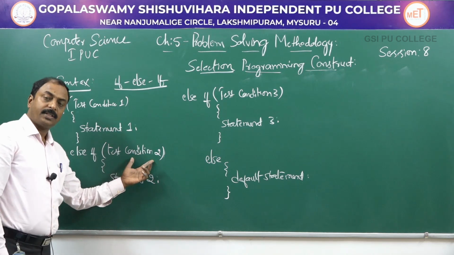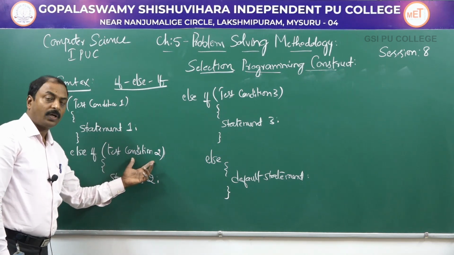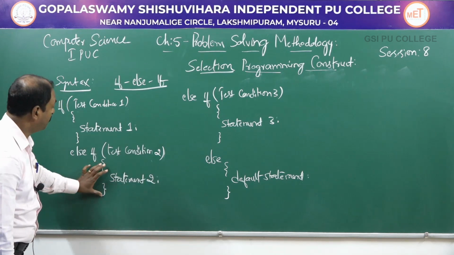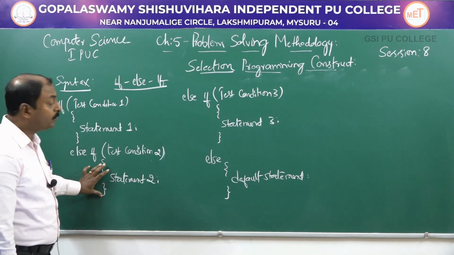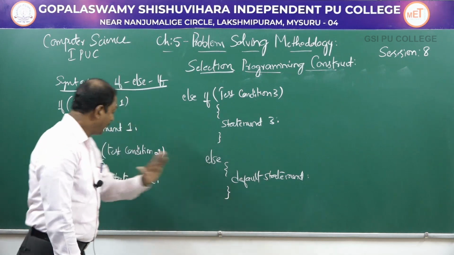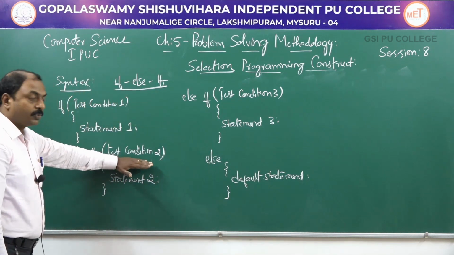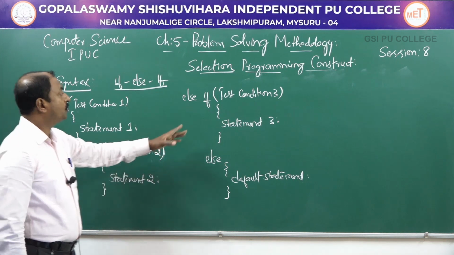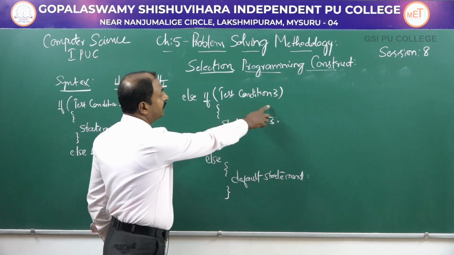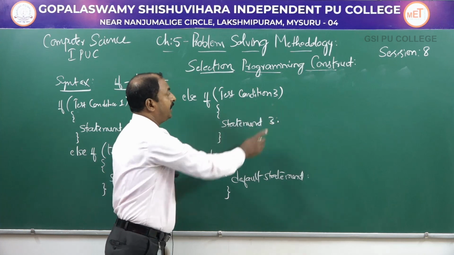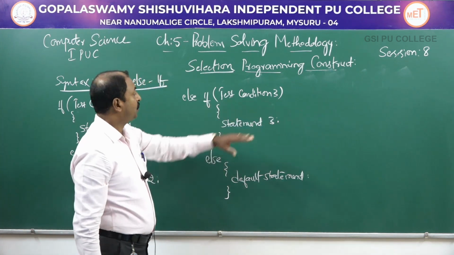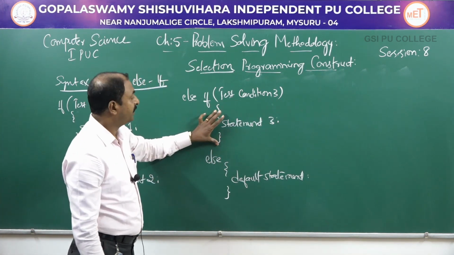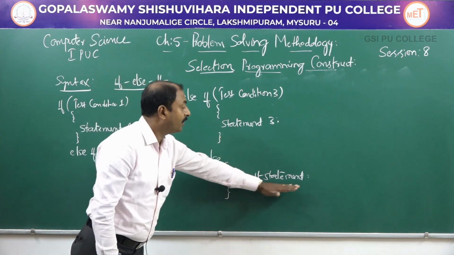Again it checks for the condition either true or false. If it is true, it executes the statement 2 and again comes out of if else if construct. If even test condition 2 fails, it executes test condition 3. It checks for the condition.